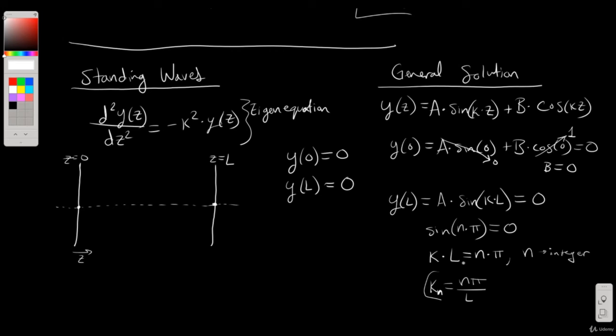And so to get the particular solution, we take this general solution, bring it down here, and we know that b is 0, so this term goes away, and we know what k is equal to. I'm going to write the particular solution down here.